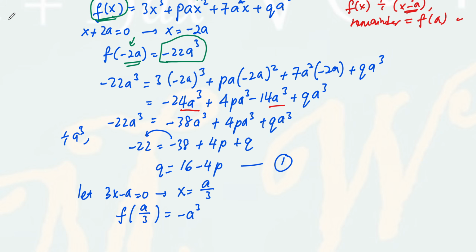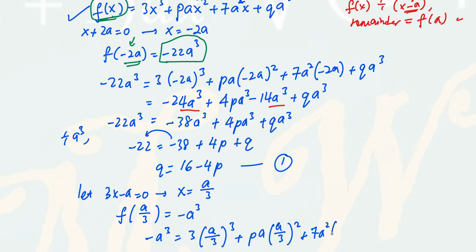Now again, substitute into your f(x). So I'll get negative a cubed and replace the x by a over 3 now. So 3 times a over 3 cubed plus pa times a over 3 squared plus 7a squared bracket a over 3 plus qa cubed.